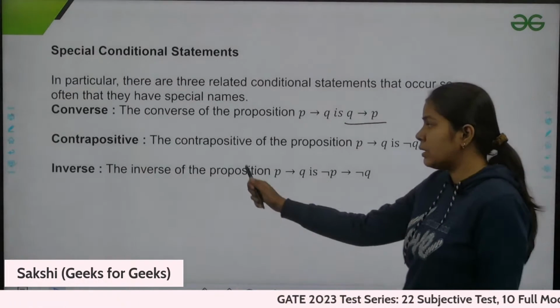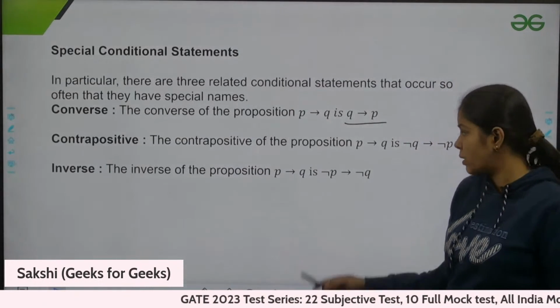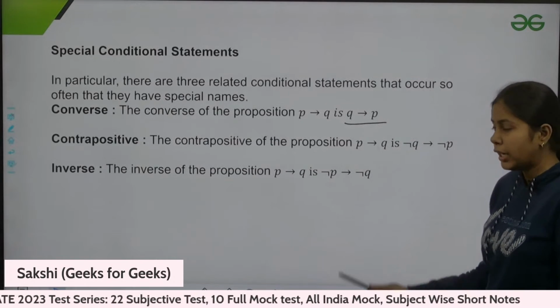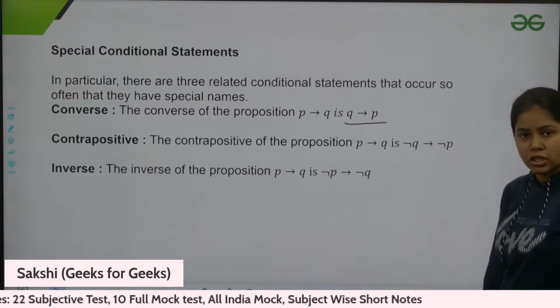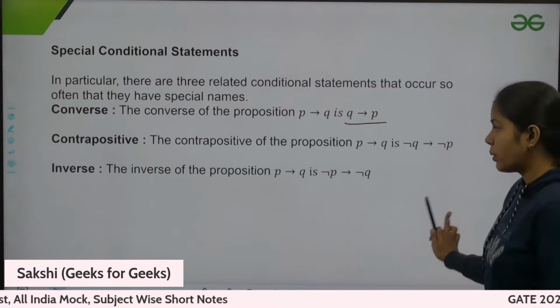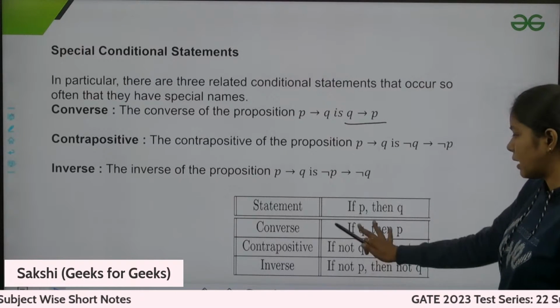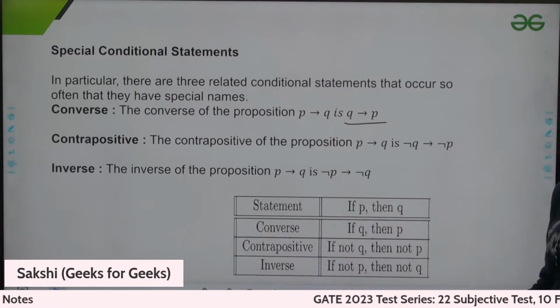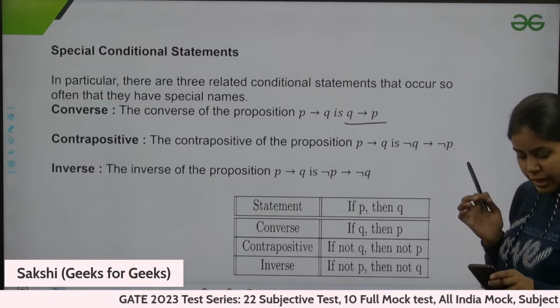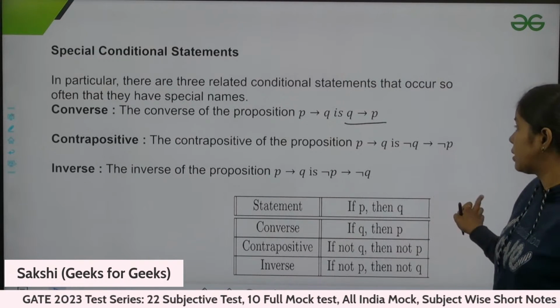The difference between contrapositive and inverse is that in the contrapositive we have changed the position of the propositions, while in the inverse we haven't changed the positions, only taken the negation, right? Okay, next thing is you can take a screenshot of this in short form. This is basically the statement, converse, contrapositive, and then its inverse, right?